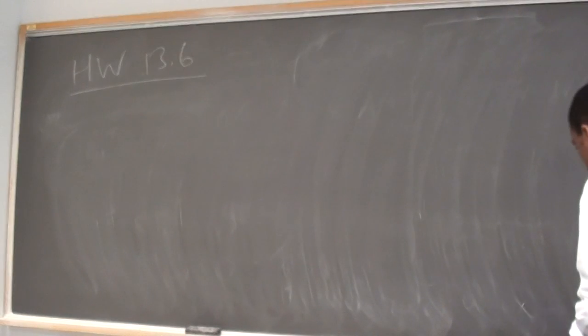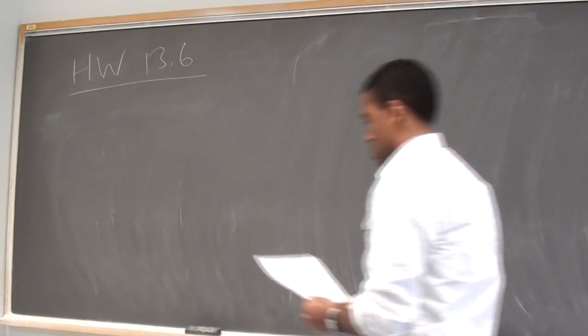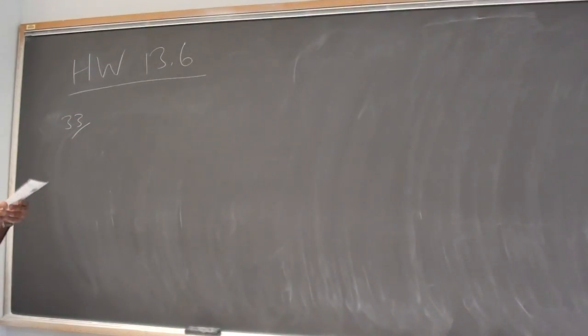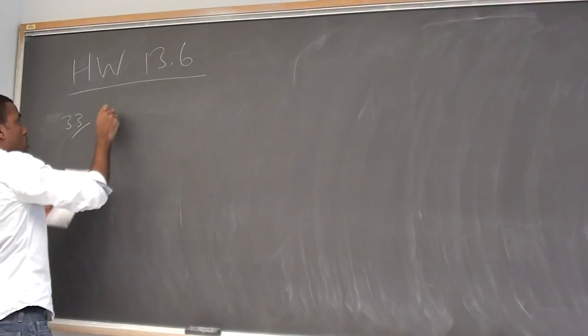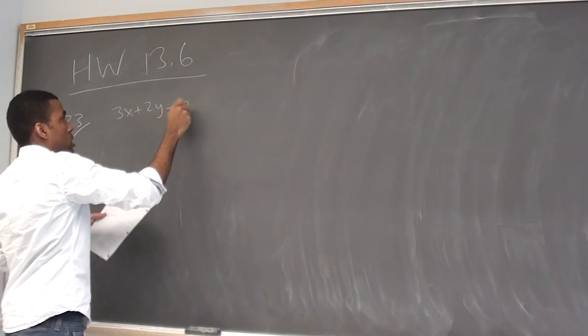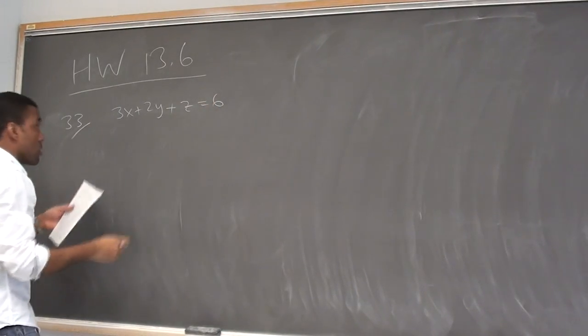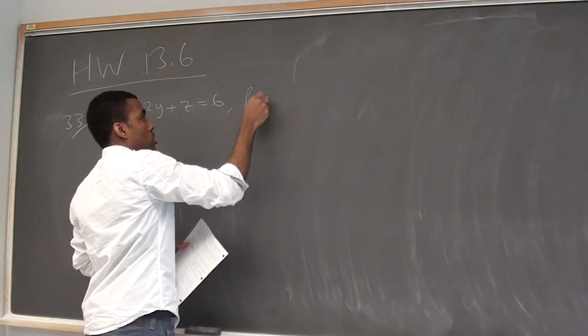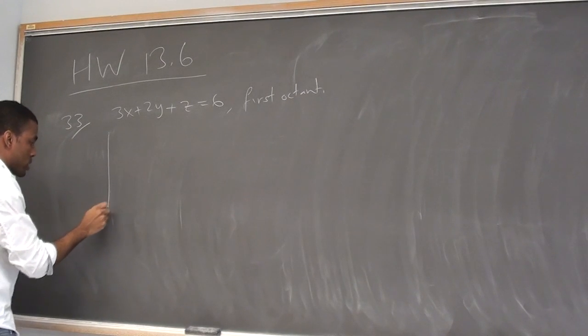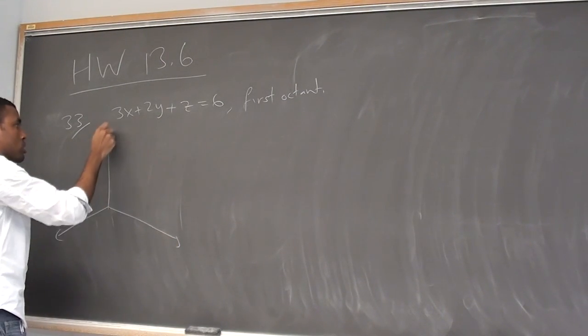This was the only hard one, the hardest of the whole homework. 33. So you want 3x plus 2y plus z equals 6. First option. You can draw a picture if you want to help you out.